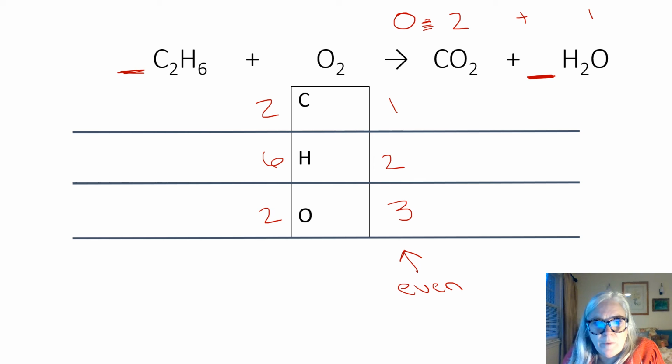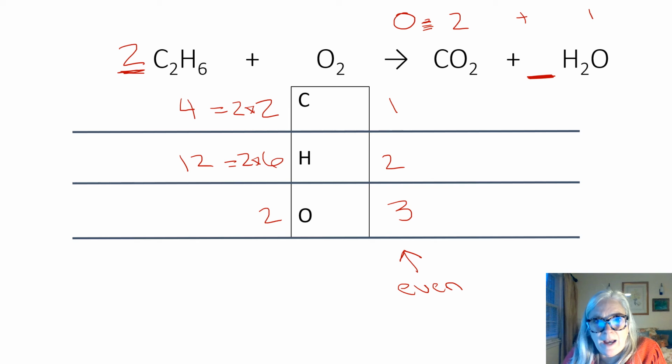Okay, my suggestion would be to go ahead and just go to the next highest coefficient number. So I'm multiplying that by 2, which means I'm multiplying this by 2. Gives me 4 carbon. I'm also multiplying the hydrogen by 2, which gives me 12 hydrogen.